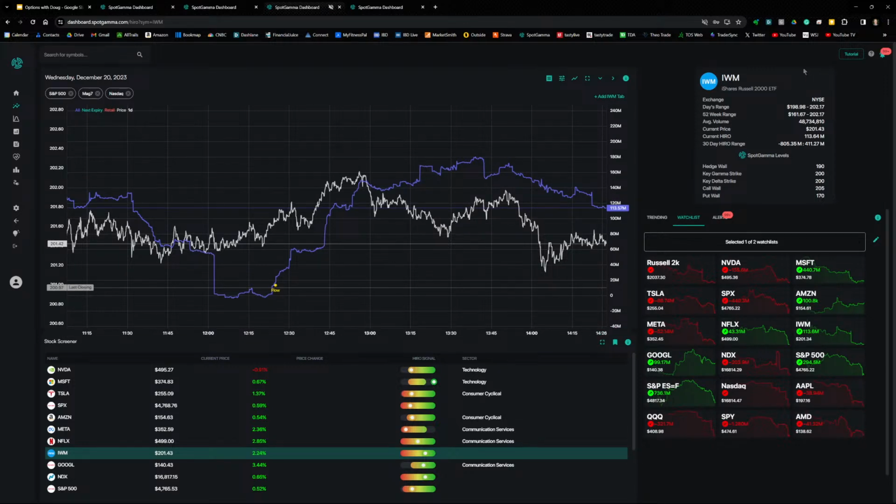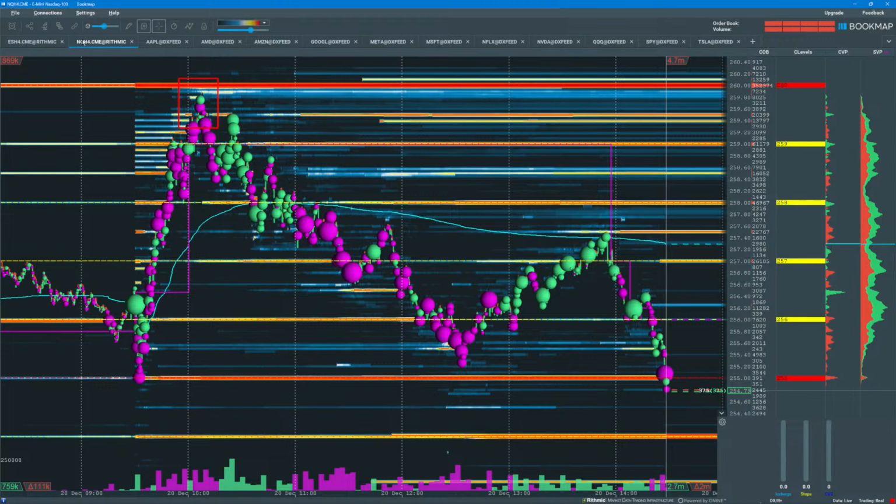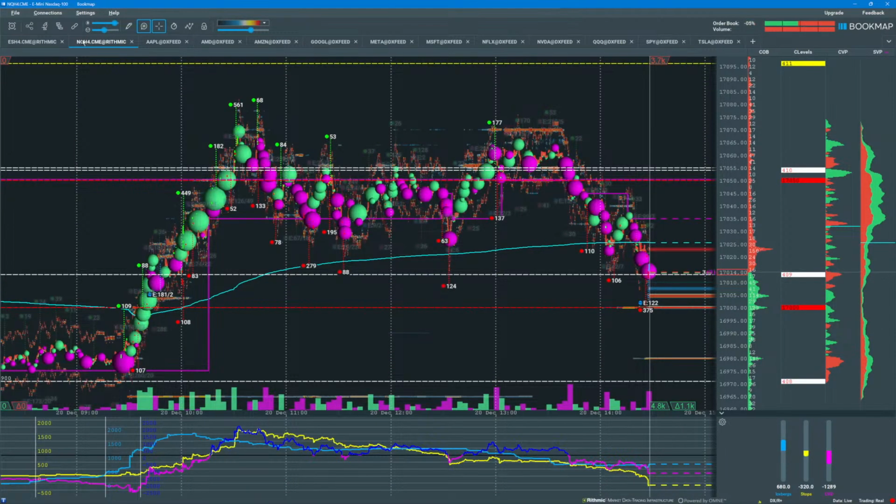All right, Aspire to Trade wants to see NQ again. So let's go to, do you want to see NQ in Bookmap? Okay, here we go in Bookmap. And NASDAQ may be doing a round trip today.